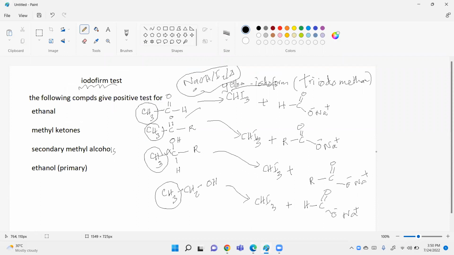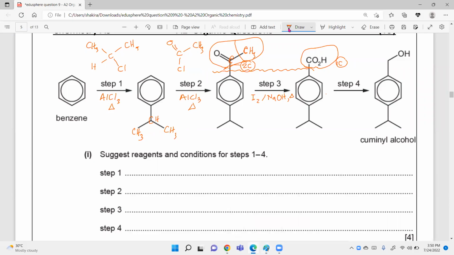Because the medium contains sodium hydroxide. If you want to remove this sodium and turn them to carboxylic acid functional groups, only one thing is there to do. First, you add iodine and sodium hydroxide and heat. And then afterwards, to change that sodium salt back to carboxylic acid, we add dilute acid, something like dilute H2SO4.